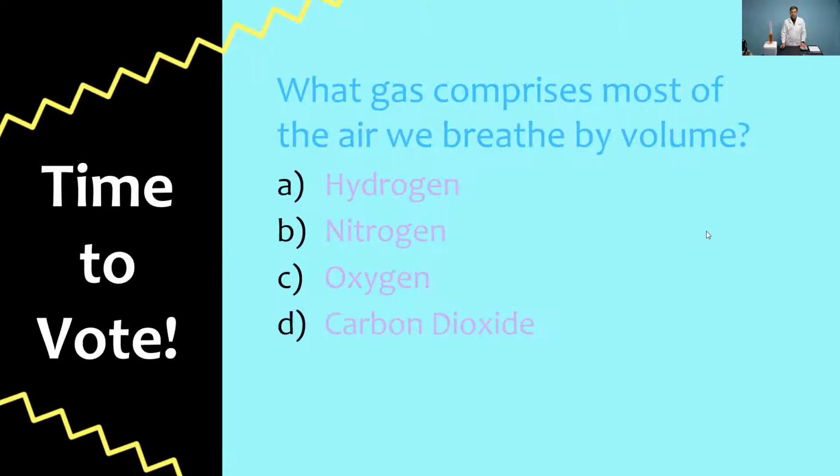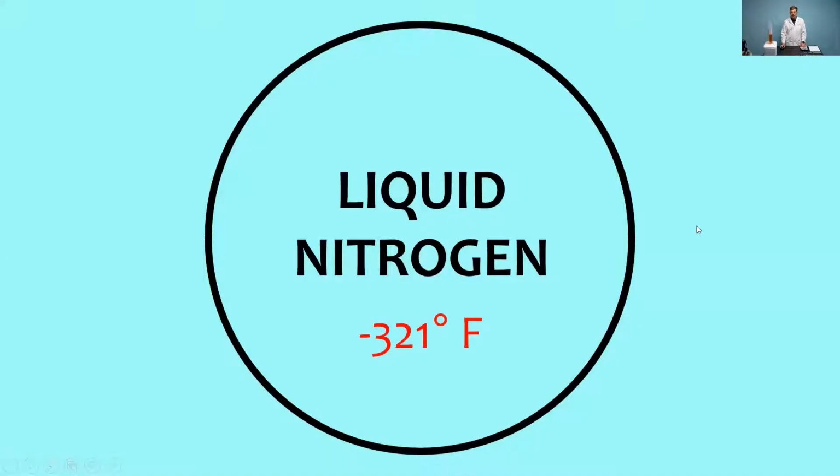Okay, so my favorite part of the show, liquid nitrogen. Liquid nitrogen is 321 degrees below zero Fahrenheit. Liquid nitrogen is no doubt extremely cold. We mentioned liquid nitrogen a little bit earlier on, of course, the 321 degrees below zero came up in our first poll.